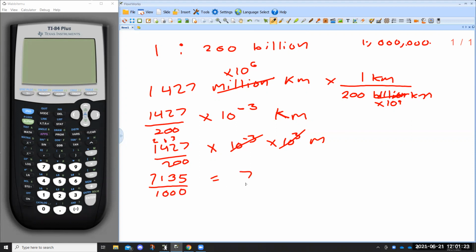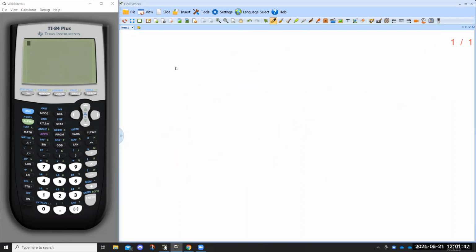So that's going to be 7.135 meters. Yeah, that's the right answer. You can do this in the calculator though, 1427 divided by 200 and get your 7.135. One more in this section.